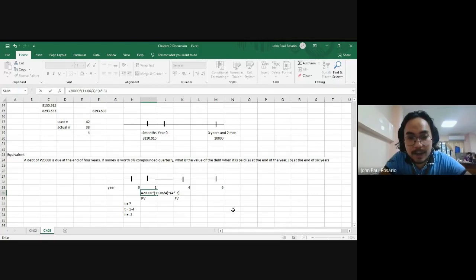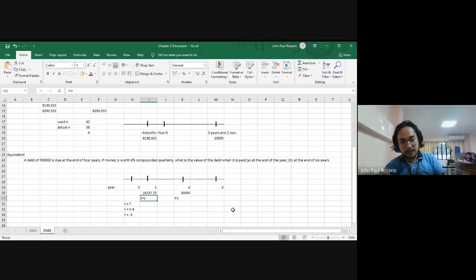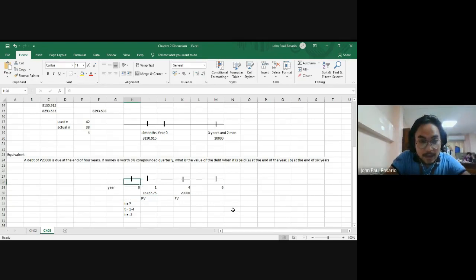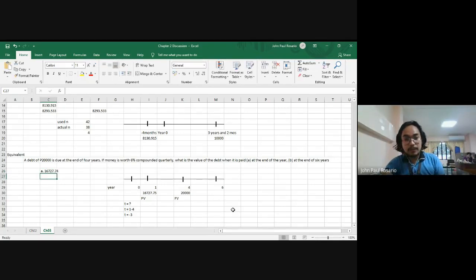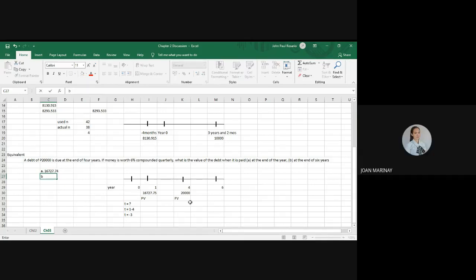So the equivalent value at year 1 is 16,727.75, which is the same as Balyada's answer. So A is 16,727.74. Again, the difference is just a matter of rounding off, since he used table factors while we use the formula. Noted? Yes, sir.